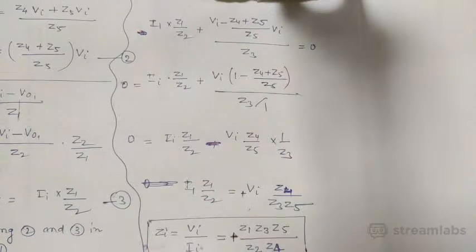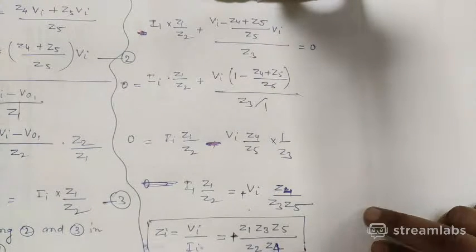Okay, so now this generalized input impedance, what does it mean? If I want to get a resistance as an input impedance, then what I will do is take all impedances as resistances.